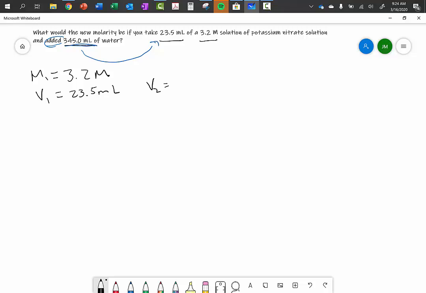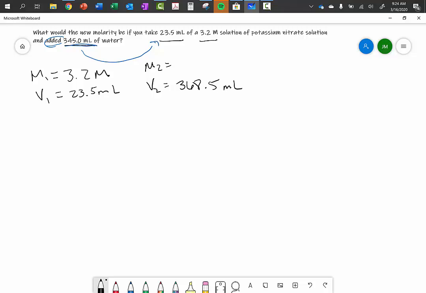I'm going to make that new solution by taking this 345 milliliters and adding it to my 23.5 milliliters. So when I do that, I'm going to get a new volume of 368.5 milliliters. And I don't know what my new molarity is going to be. That's what I'm trying to solve for.